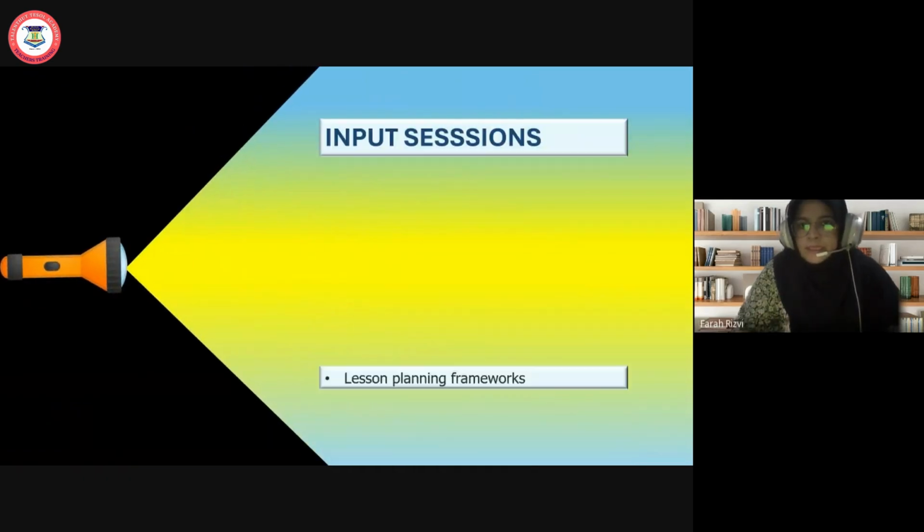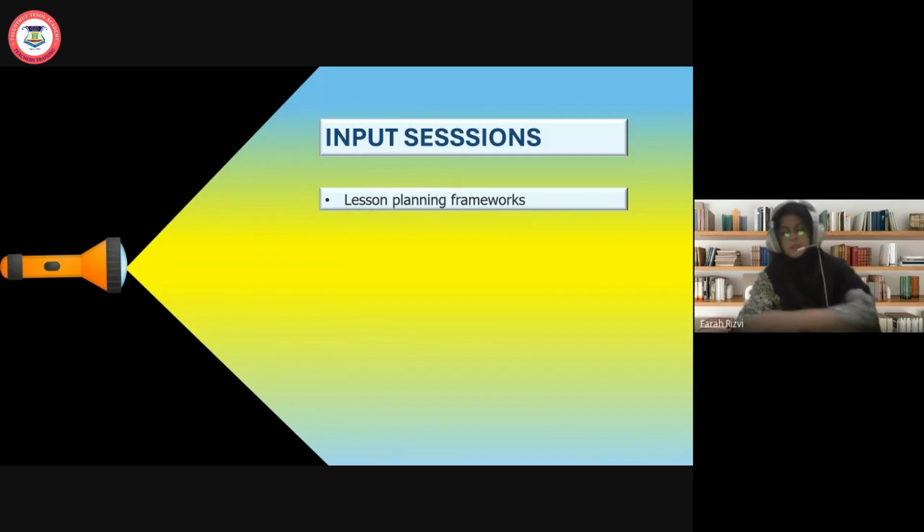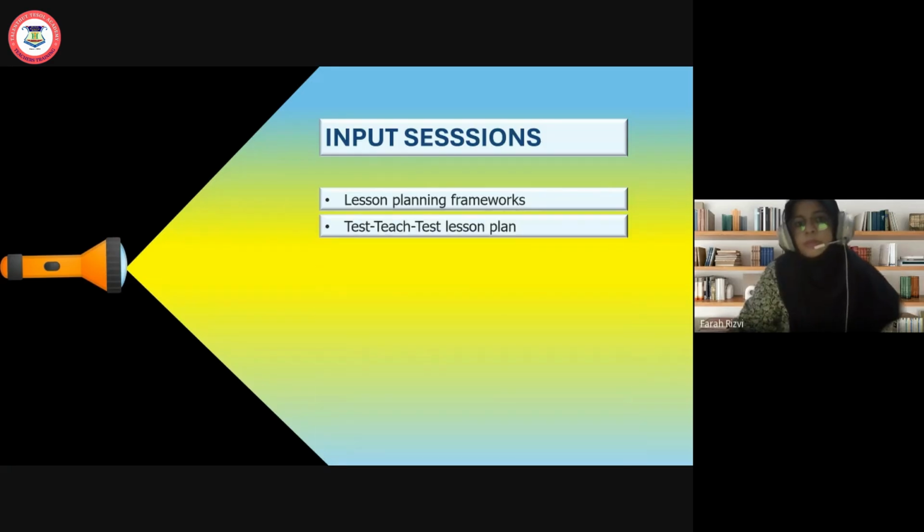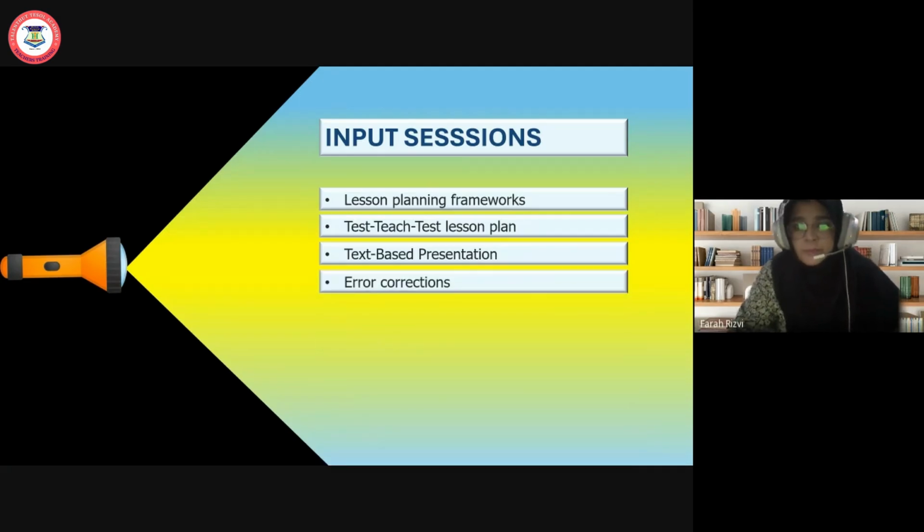Let's discuss these four components in detail. Input sessions. In those input sessions, you will be taught about lesson planning frameworks. For example, test-teach-test lesson plan, text-based presentation. In the test-teach-test lesson plan, you test the prior knowledge of the student, then you build your teaching on that, and again you take a test in order to check whether they have grasped it or not.